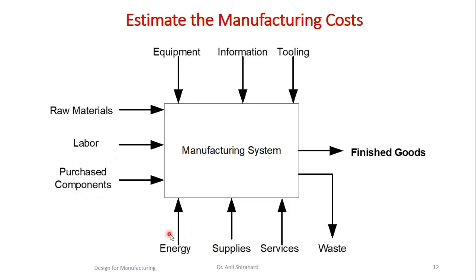Then your energy consumption, supporting supplies, and services. Suppose 10 laborers are working on 10 machines, you need helpers to remove all the burr and other things. Whatever waste is produced, how you dispose it also goes as a cost. All this adds to the manufacturing cost of the final finished product.